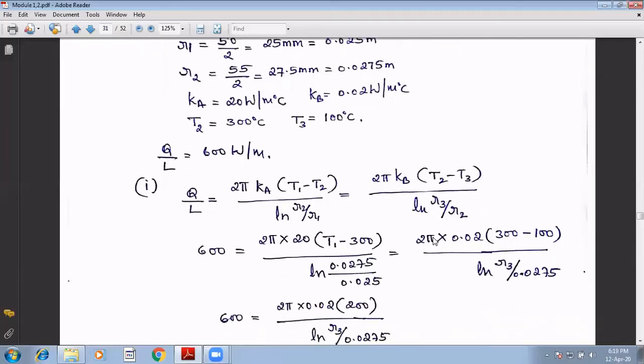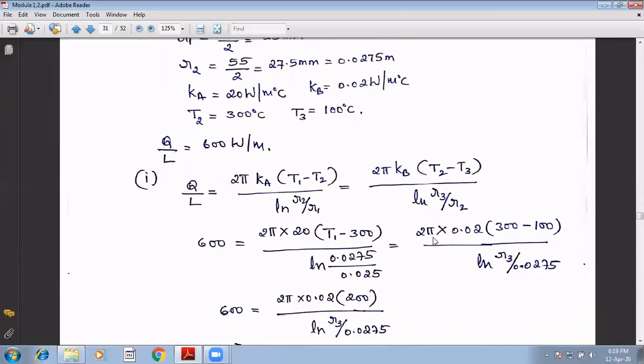Now, as I told, heat transfer per unit length is given as 600 watt per meter.